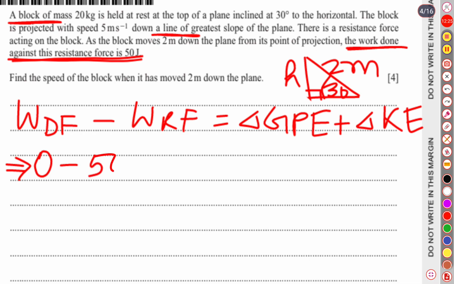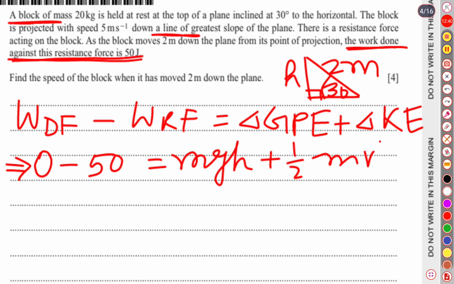The work done against this resistance to motion is 50 joules. So it is 50 equal to the change in GPE, mgh, plus the change in kinetic energy, half mv squared, where v squared means the difference between the final and initial velocities. On the left side it is going to be negative 50. On the right side, the mass of the block is 20 kg, so we write 20, and acceleration due to gravity is 10. Now height.